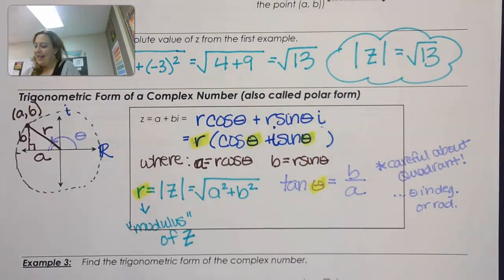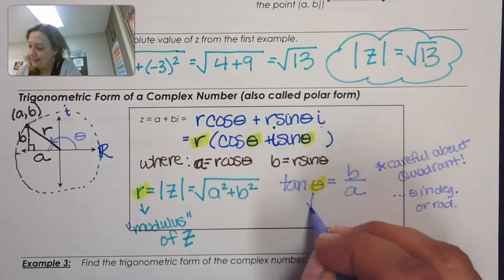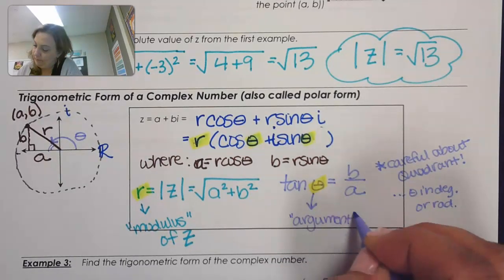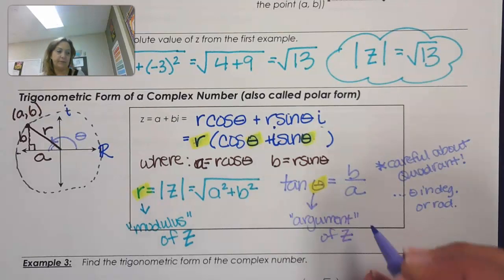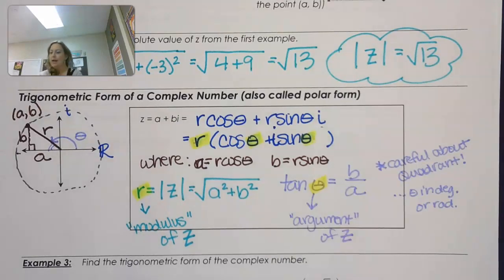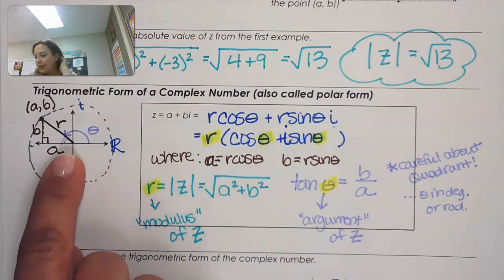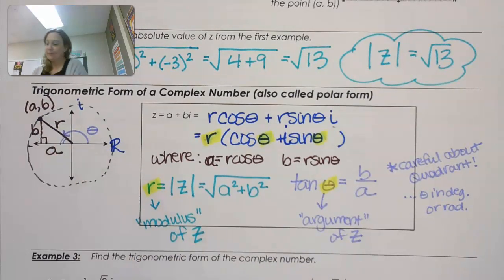And then this theta is often called the argument of Z. But that's kind of where the idea of the trigonometric form of the complex number comes from. It's that idea of drawing a triangle in there and looking at those trigonometric relationships, okay?